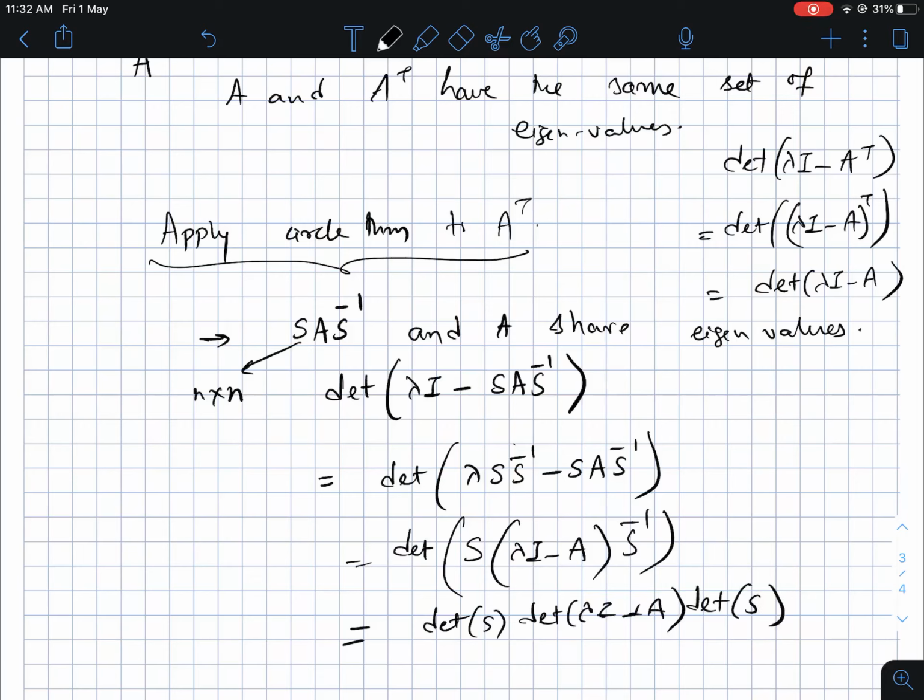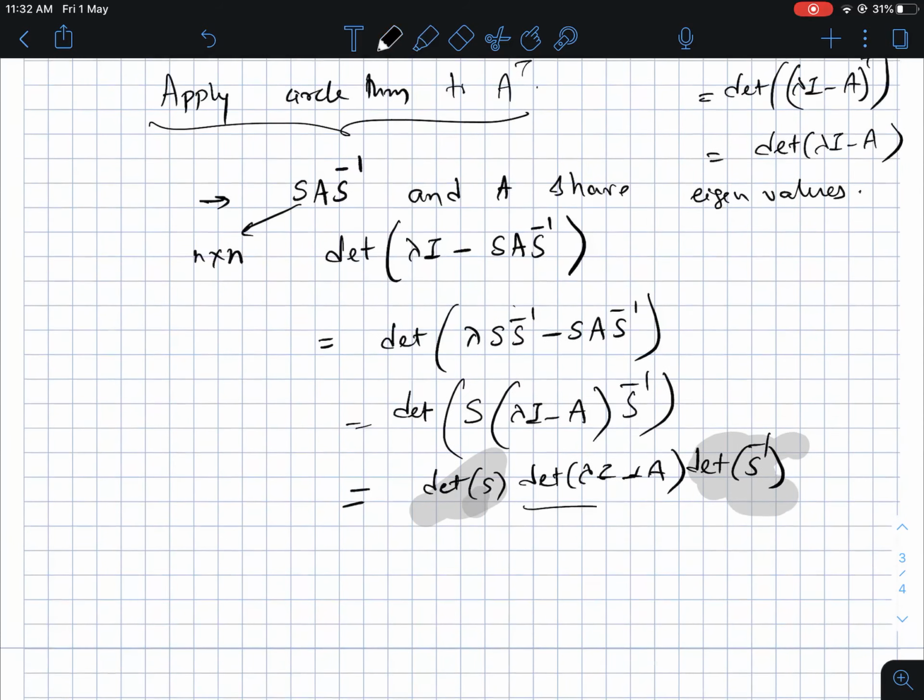But det S times det S inverse is 1, so these two terms might as well be removed because their product is 1. So you are left with simply the characteristic polynomial of A. So this matrix and A share the same characteristic polynomial, and therefore they have the same eigenvalues.